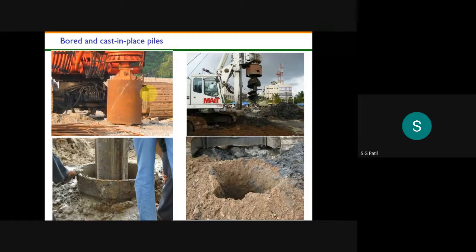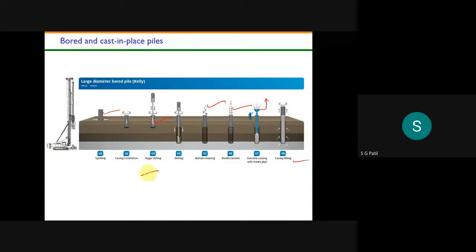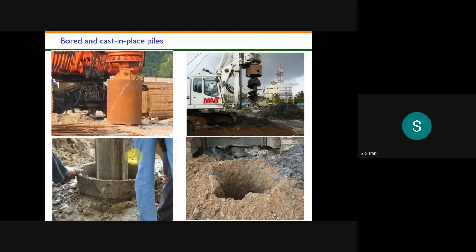So these are the different stages of the pictures I have shown now. I also want to show you some actual field photos. See, this is the bailer type to remove the soil, or you can have a helical type also. Either this type or this type.